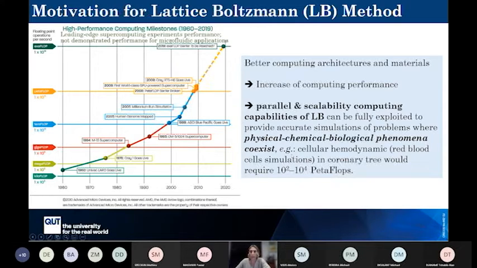So just looking at, for example, red blood cell simulations in a coronary tree, that would require heaps of computing power, and hopefully with this increase of computing power and with technology such as Lattice Boltzmann, then we can really look at much more complicated applications, basically opening new avenues to investigate those applications.